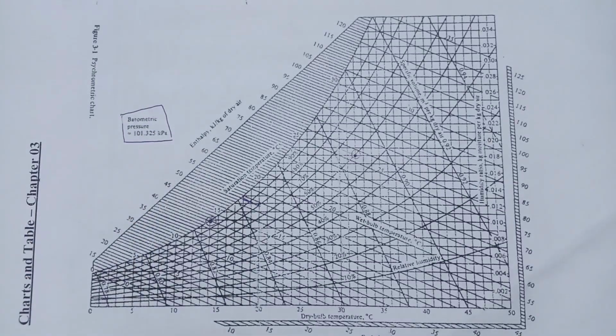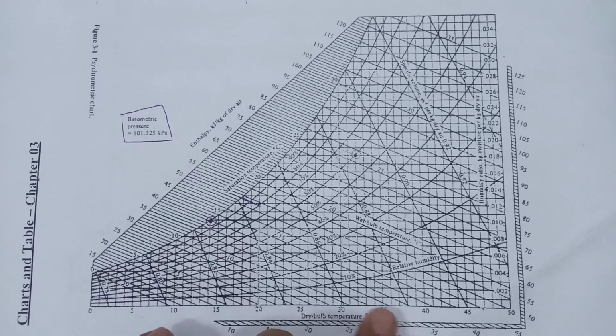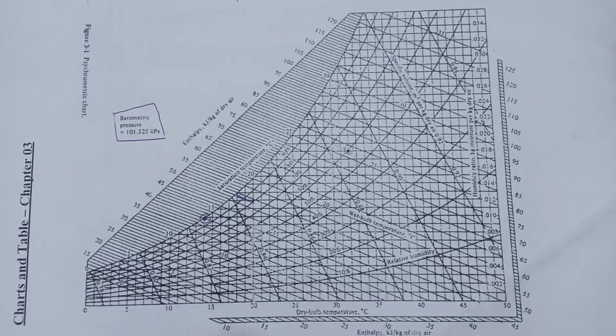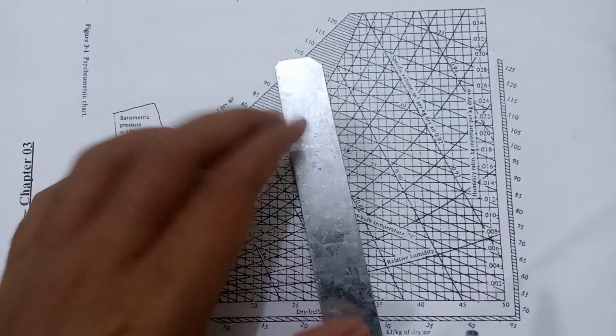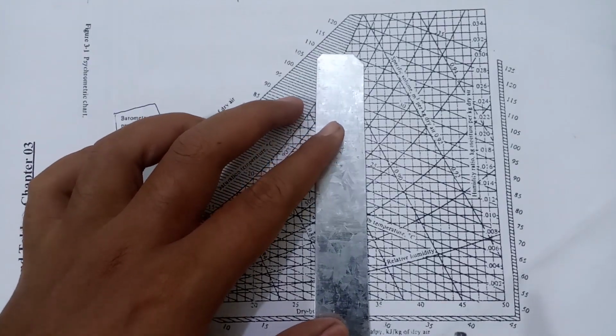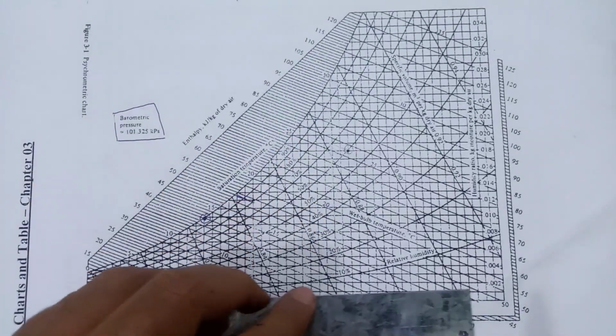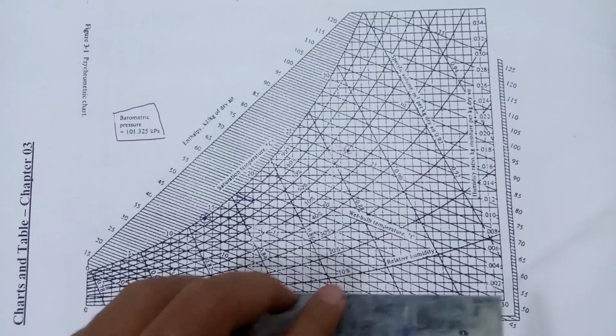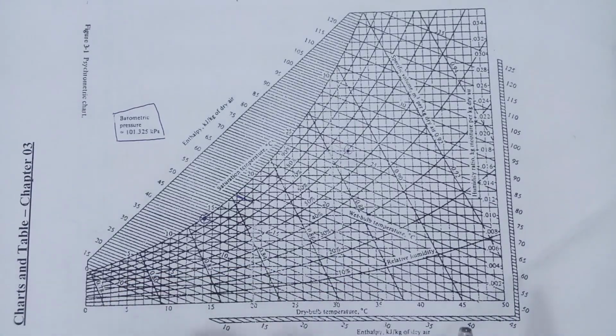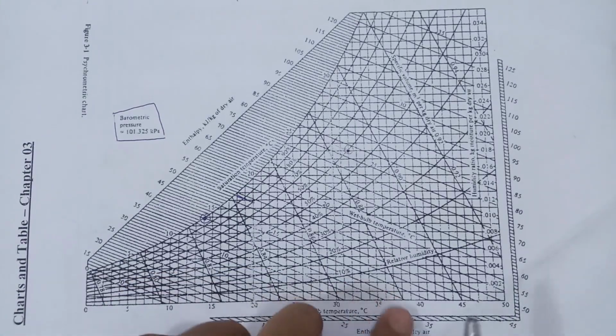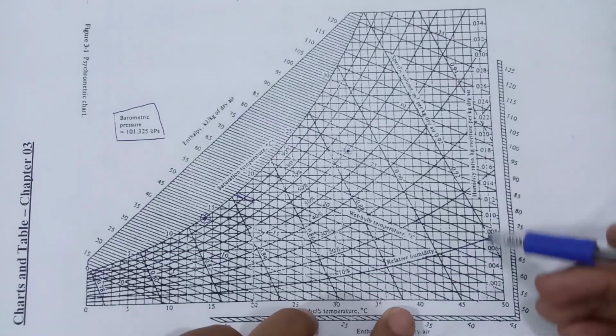So in this psychrometric chart, you can see there are different lines. Some lines are vertical, and some lines are horizontal. As you know, there is a kind of x-axis and a kind of y-axis.